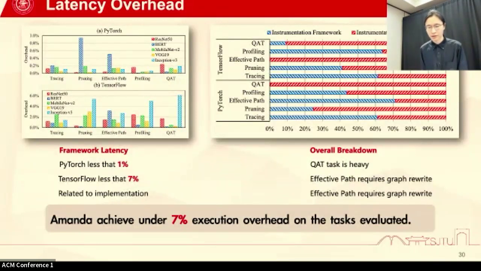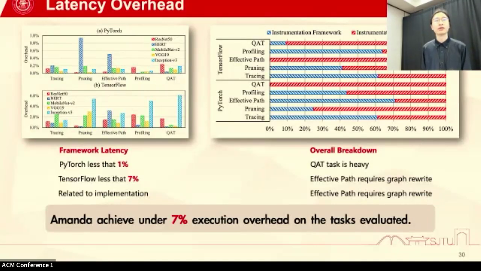Yes, thank you. Because I really didn't introduce it here in detail. Actually, in the right figure, we evaluate the breakdown of the overhead. The blue part is the overhead brought by the framework, and the other part is for the instrumentation tool itself. Generally, for the framework, it can be limited to under 10%.